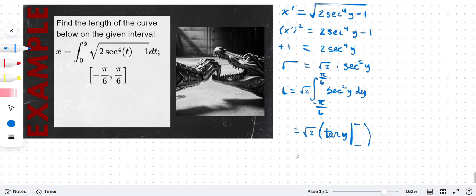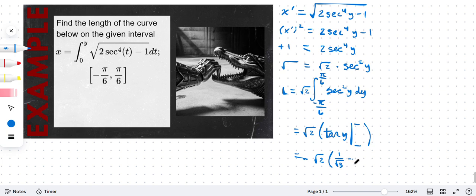So what we're going to be looking at then is the square root of 2 times, so tangent of pi over 6 is going to be 1/2 over square root of 3 over 2. So that's going to be 1 over the square root of 3.